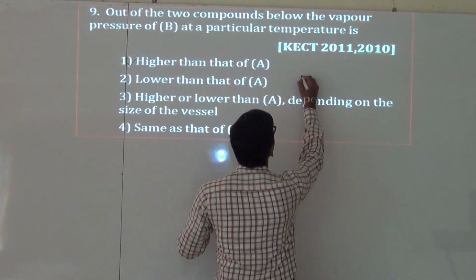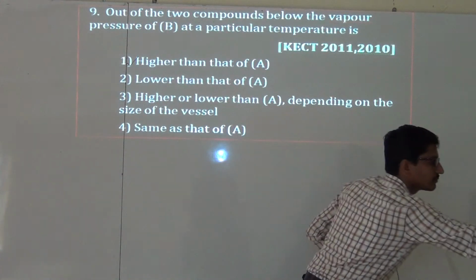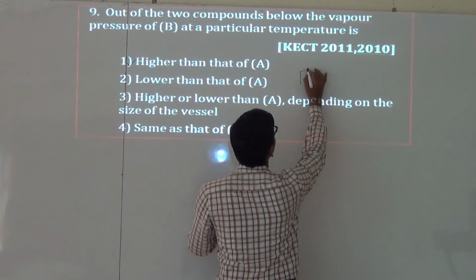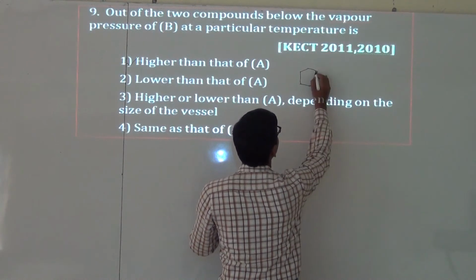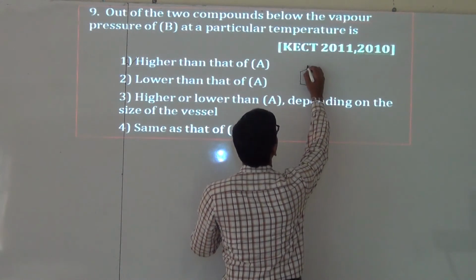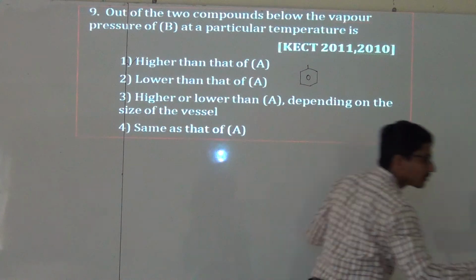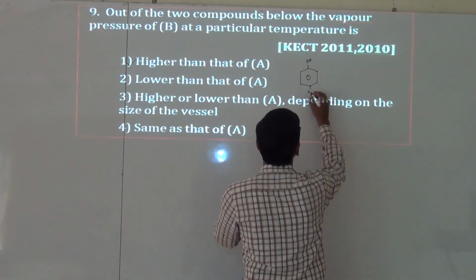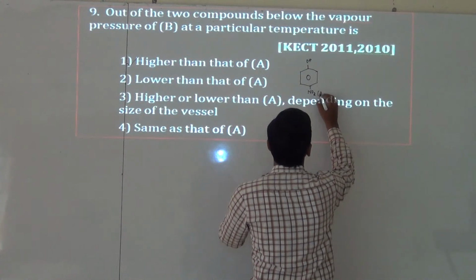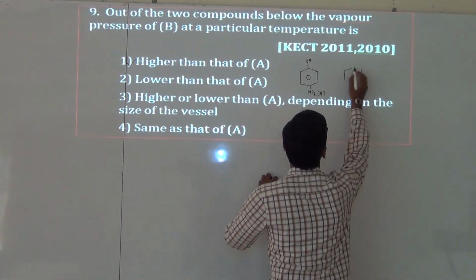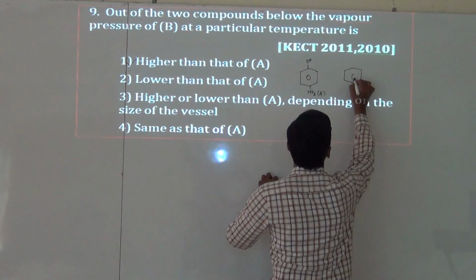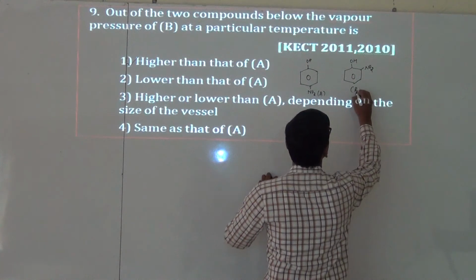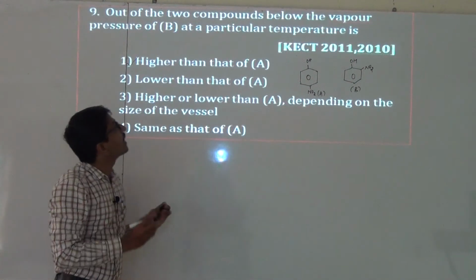A is paranitrophenol, this one is A, and B is orthonitrophenol. This one is B. These are the two compounds A and B.